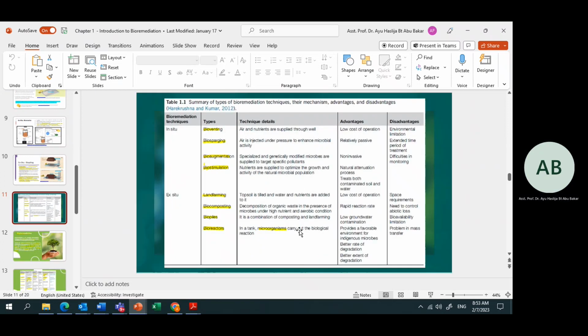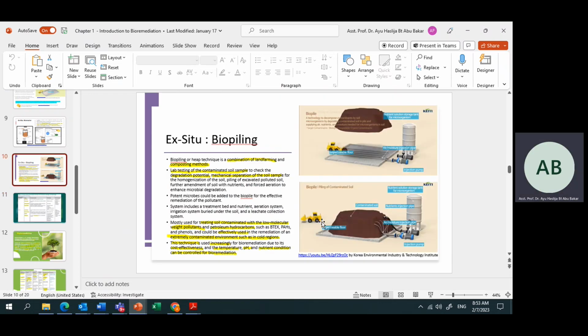This table is the summary of some of the types for in situ and ex situ. In situ, last time we discussed biostimulation, bioaugmentation, biocomposting. And then ex situ, biopiles, bioreactor which is a simple bioreactor, and land farming. For example, biopiling.